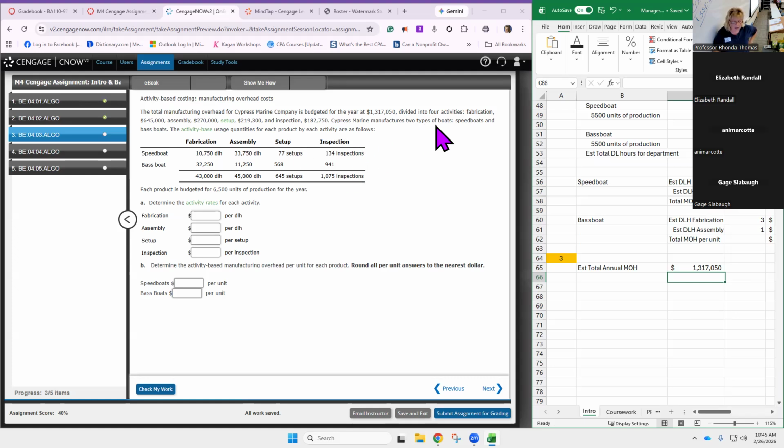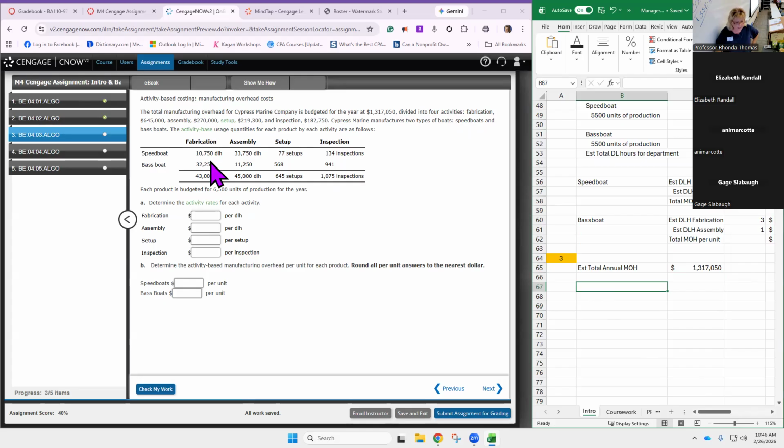Okay, then they have 2 types of boats still, speed boats and bass boats. Each activity-based usage quantities for each product by each activity are as follows. Okay, so let's see here. We've got fabrication. Here's our 2 models of boats, right?